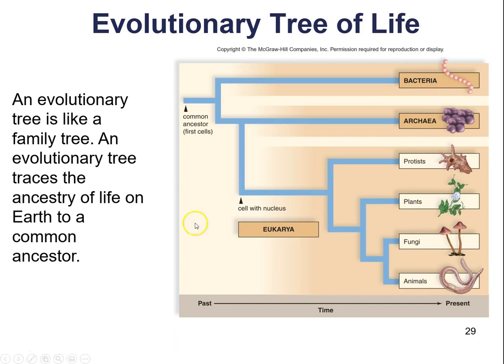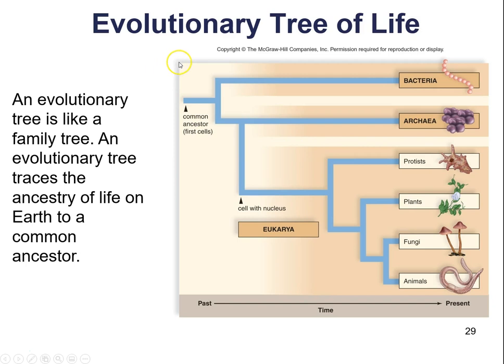If we go all the way over here, it's showing you this one single common ancestor, this first cell that was produced. All life now was derived at some point from this one cell. You can see this common ancestor and how all of these branches, or different groups of organisms, branch off from this one common path.